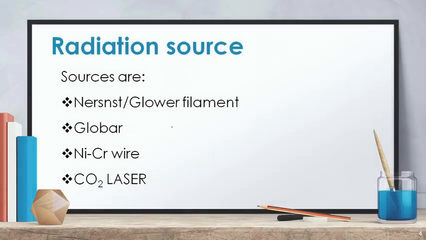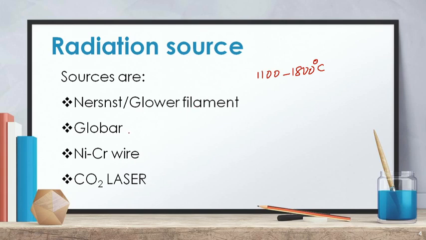First of all, the radiation source. The source of radiation in a typical infrared spectrometer is a small ceramic rod which is heated electrically in the range of 1100 to 1800 degrees centigrade, and it is made of silicon carbide.